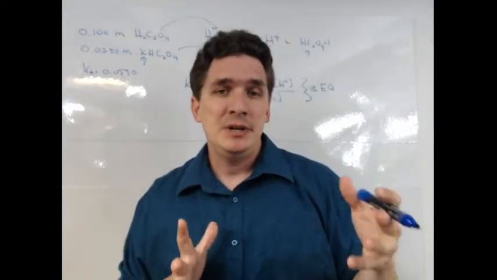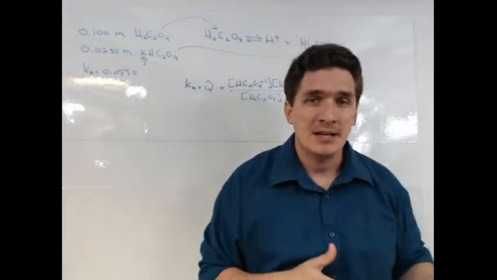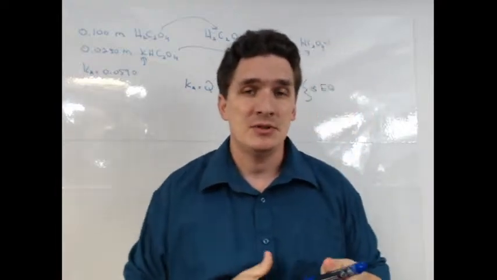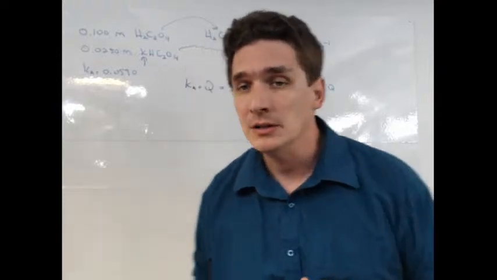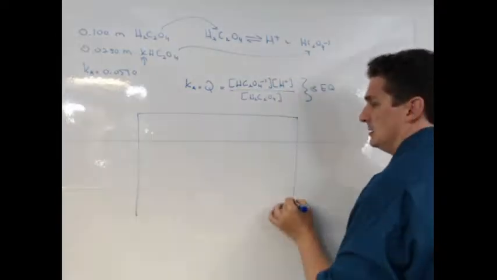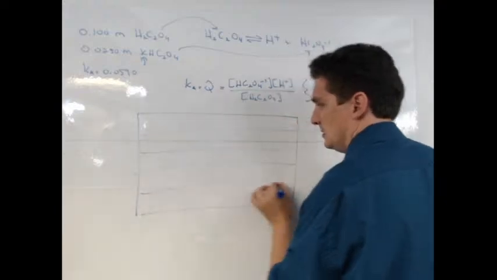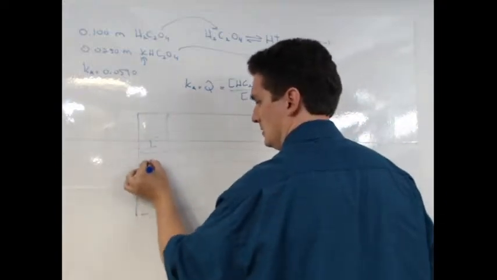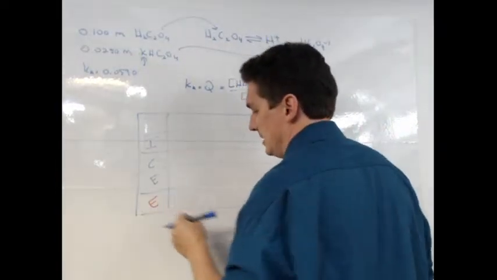Now, the third thing we need is an IC table. You may have been exposed to ice boxes or ice tables in Chem 1 depending on who you have. So let's take a quick crash course in how you set those up and why they are what they are. So for an ice table from Chem 1, we'll talk about why I'm also doing the last E in red.